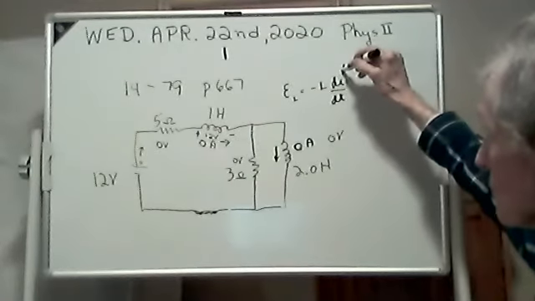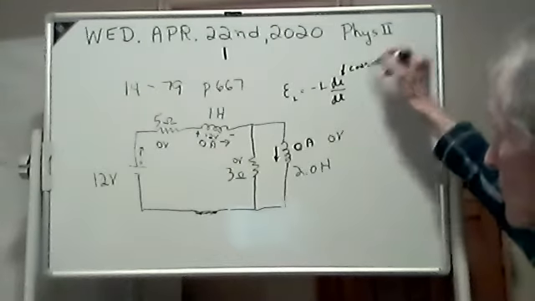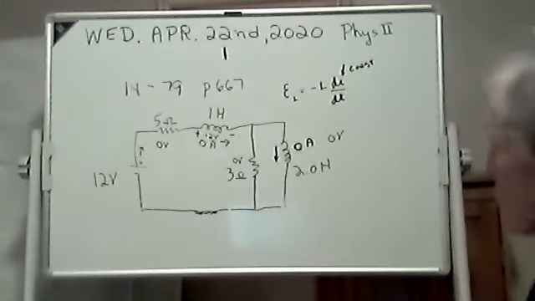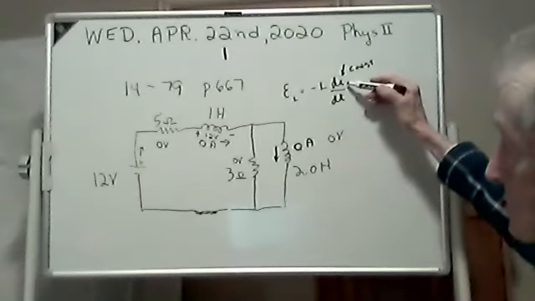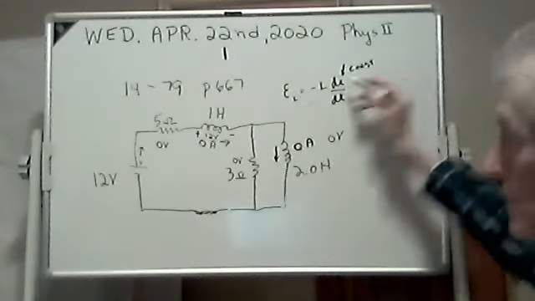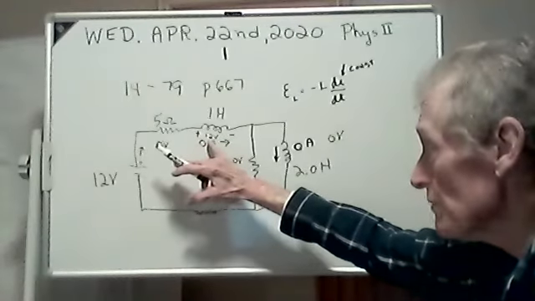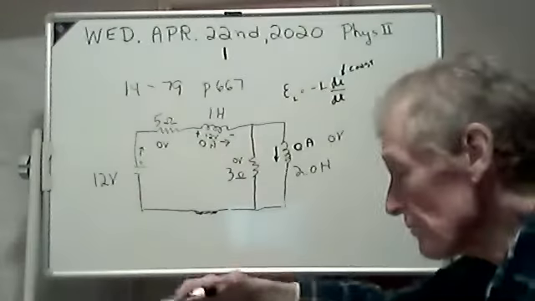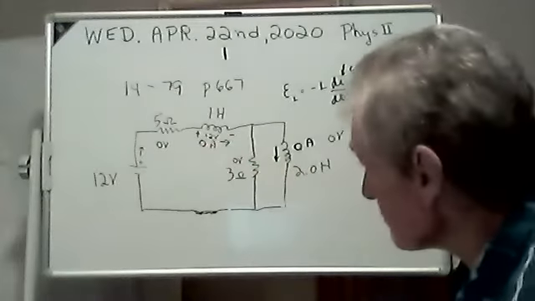And if this current is a constant, which it will be if you wait a few minutes, it'll even out. What is the derivative of a constant? Well, it's zero. So you don't have any voltage. Remember, it was 12 volts when you first threw that switch, but after a few minutes, it goes down to 0. You don't have any volts there at all.